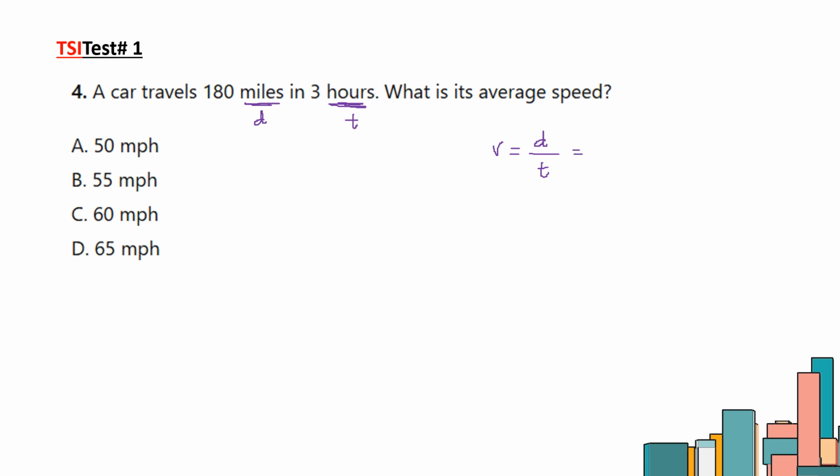So when you plug in 180 over 3, the unit for the speed or the velocity will be miles per hour, because that is the unit of distance over time. Okay, and this one is 60 miles per hour. So C is the correct answer.